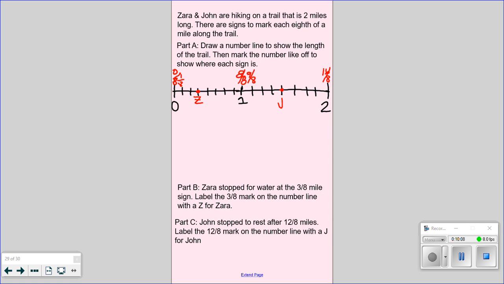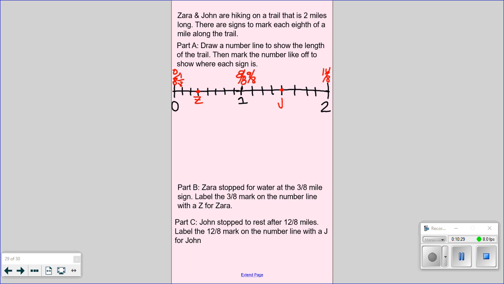Sure. What else do you notice? Notice that John and Zara were close to the midway point. John is close to the midway point between 1 and 2, and Zara is close to the midway point between 0 and 1.